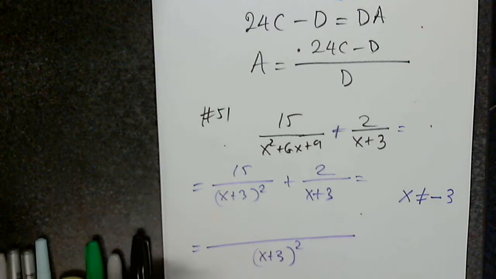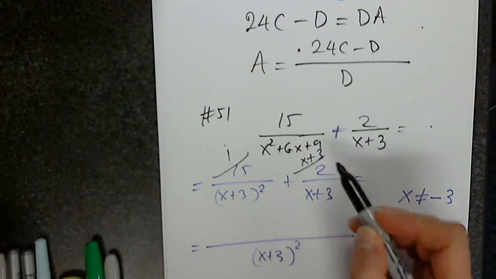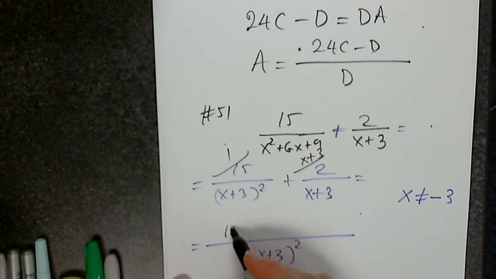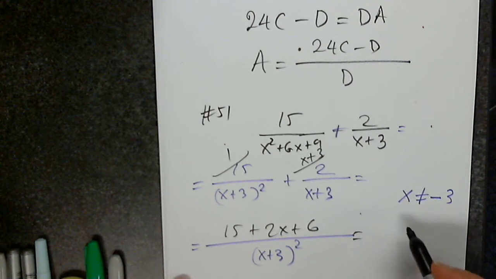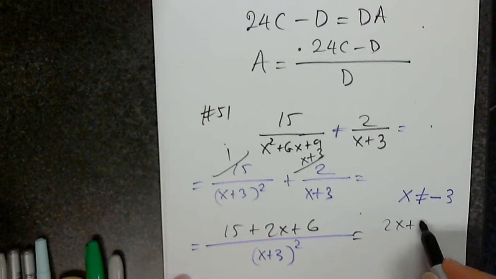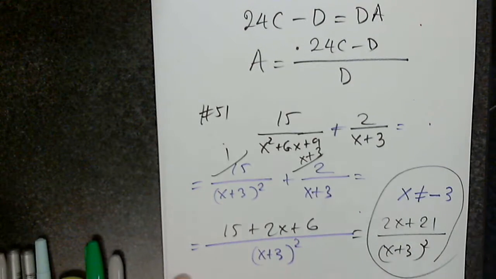Very good. And the adjustments, 1 and x plus 3. Good. So then the top, 15 plus 2x plus 6. Very good. So then it's 2x plus 21 over x plus 3 squared, and this is it.